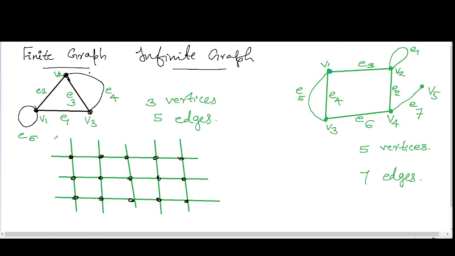Okay, next we can move to a complete graph. What is a complete graph?